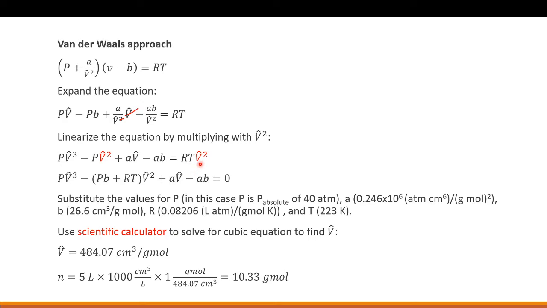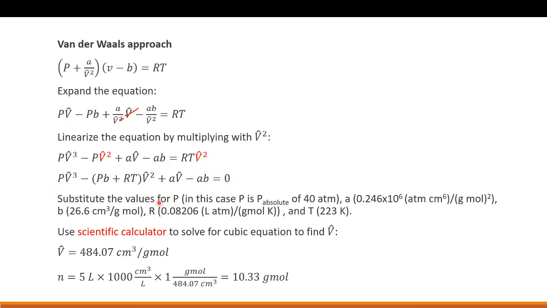You see this one is v cap square and v cap square, so we put the ones with the same power together, and we get p v cap cube minus this and this. Now you notice that this is a cubic equation: you have v cap cubed, v cap squared, v cap, and a constant. So this kind of equation is a cubic equation.